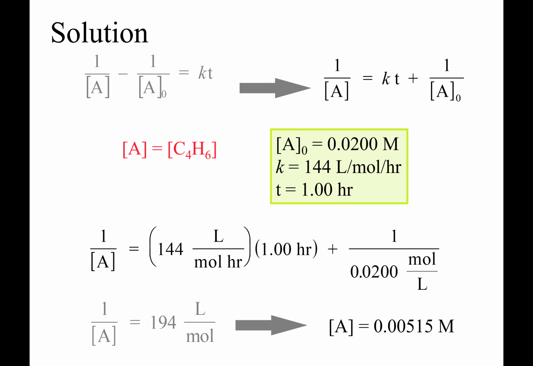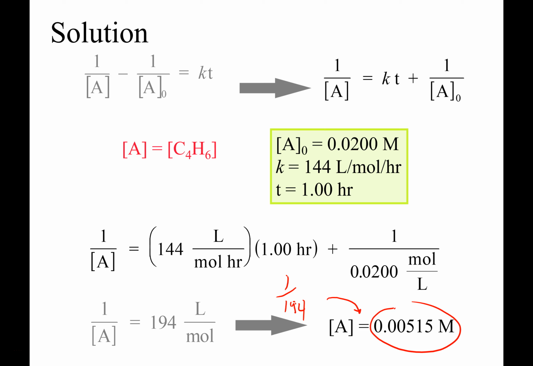So in other words, to go from 194 to 0.00515, this actually is 1 over 194 to get this number. So we have to unflip it. Or flip it one more time. That's going to leave us units of moles per liter, which is molarity.